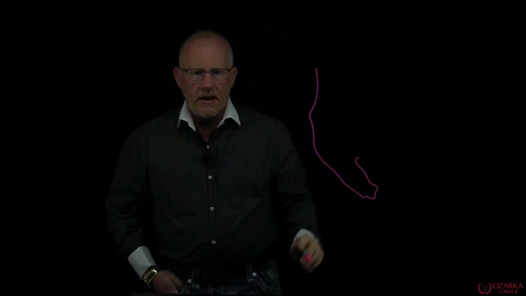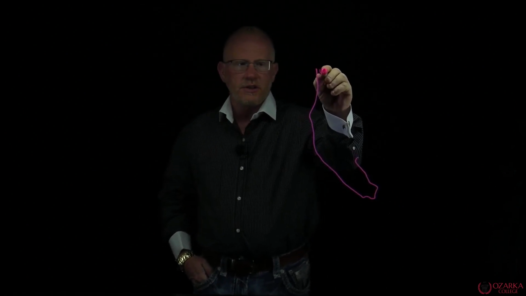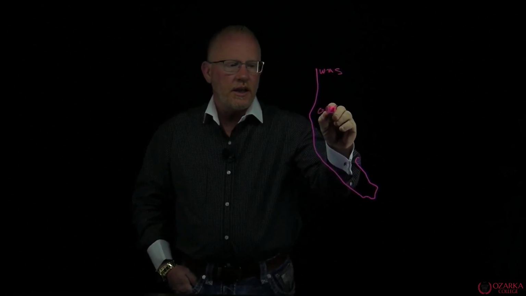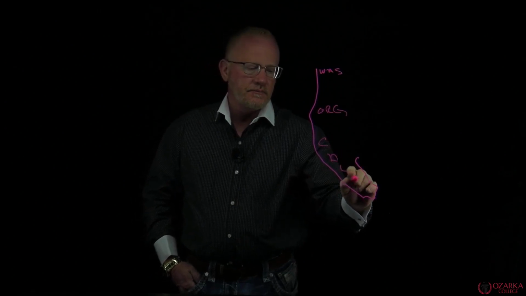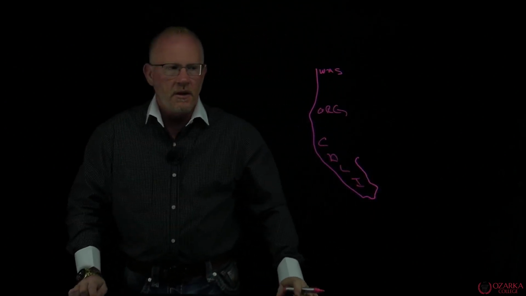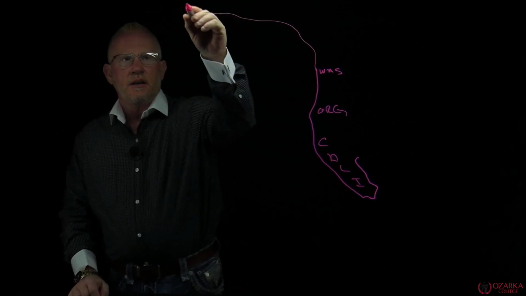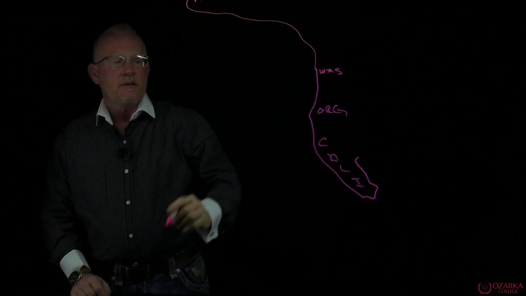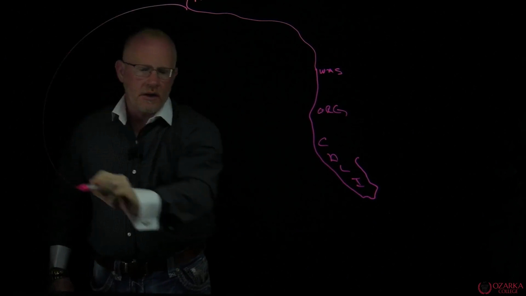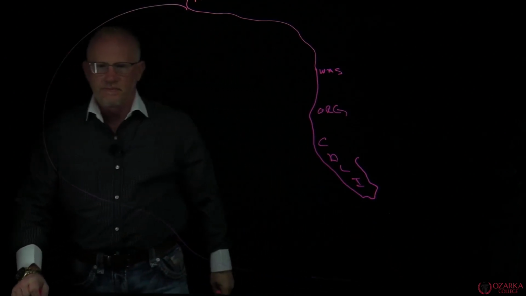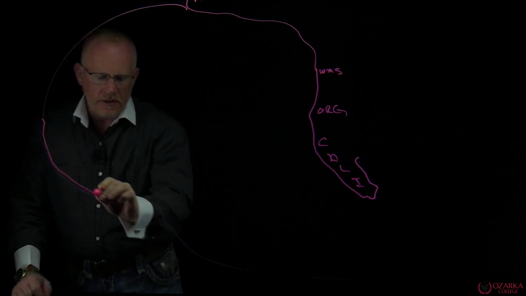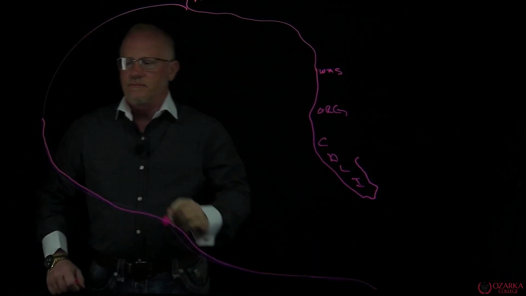All right, so forgive my poor drawing here. But let's just say that this is the west coast of the United States. You'll have Washington up here, and you have Oregon down here, and then you got Cali here, right? And then it goes on up into Canada, and then you got Alaska up here. Well, what is all out here? Everything out here is what?